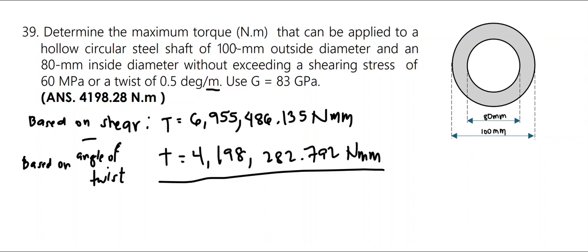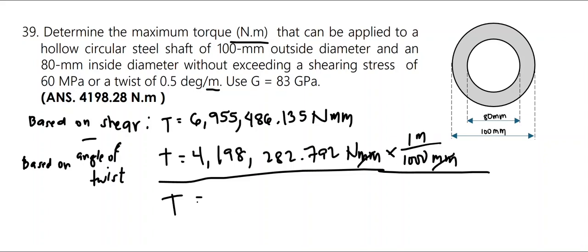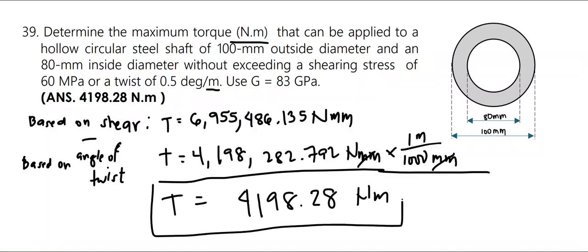And since the problem asks us to find the torque in Newton meters, we multiply this by a conversion factor of 1 meter per 1000 millimeters, so we can get our answer in terms of Newton meters. Dividing by 1000, we get 4198.28 Newton meters. And that is our final answer.